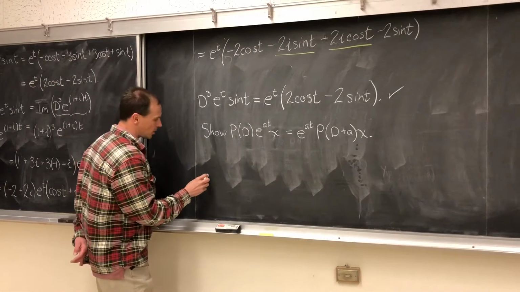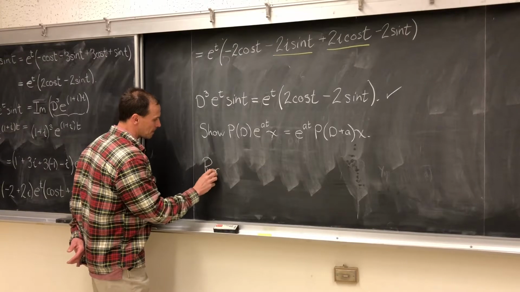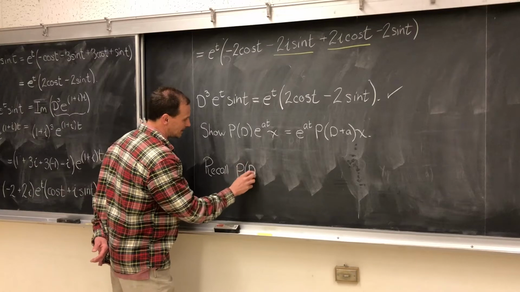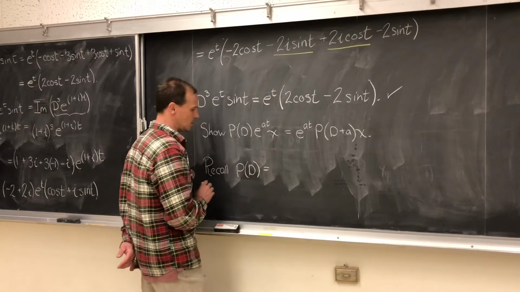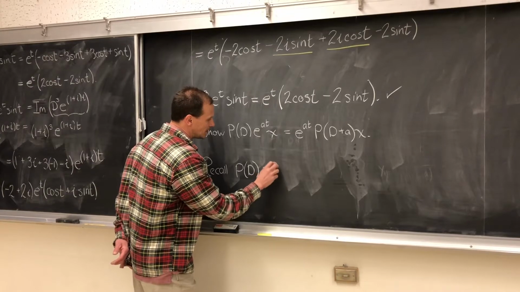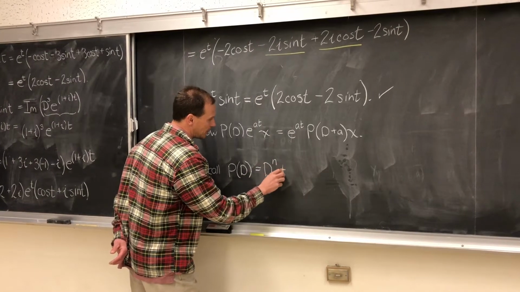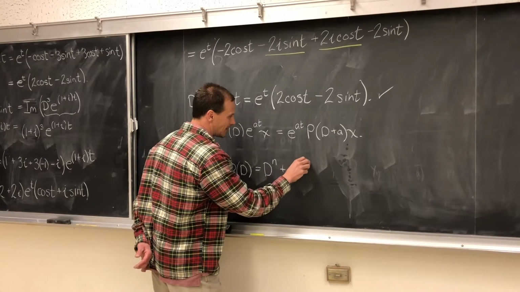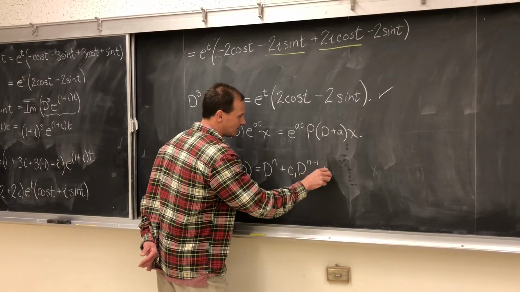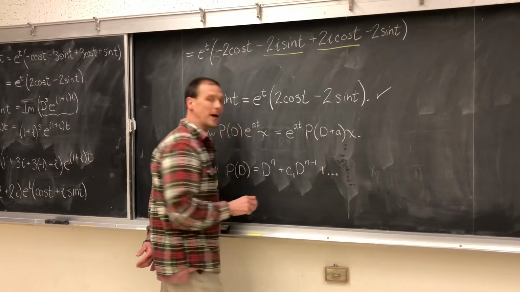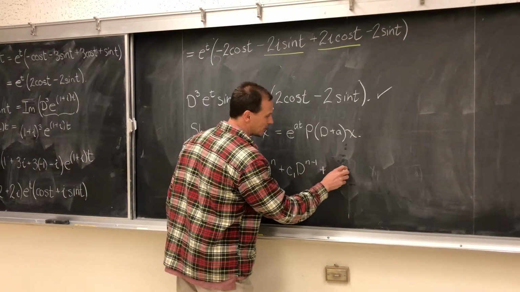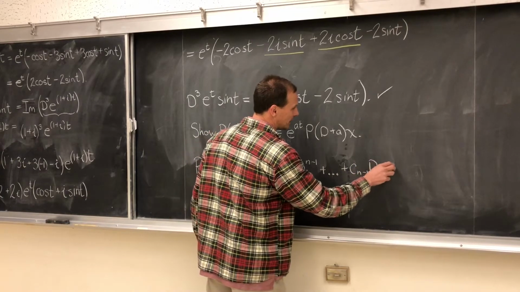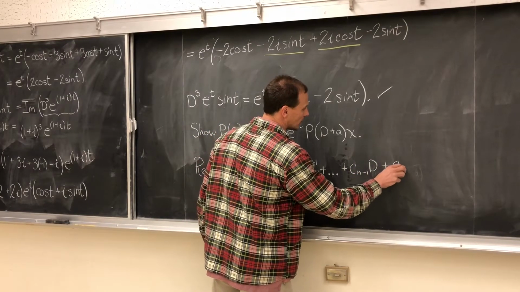So let's do this. We need a quick recall. Recall that we said that the polynomial of d was equal to d to the nth power plus c sub 1 d to the n minus 1, and if you continue this pattern, it takes a polynomial pattern, and down we get to where we have plus c sub n minus 1 d plus c sub n.